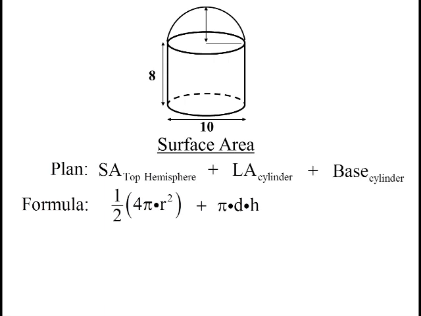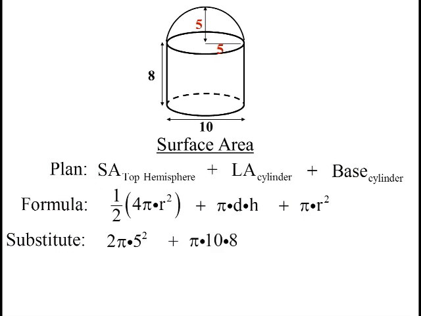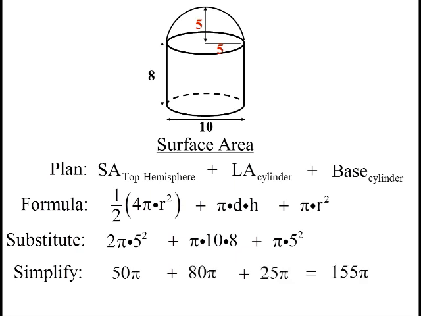And then the base of the cylinder is just a circle, so pi r squared. We'll substitute our values in. We know that 5 is the radius of the hemisphere. That means the height of the hemisphere is also going to be 5. We do some simple substitution, and we come up with a value of 155 pi, which is approximately 486.95 square units.